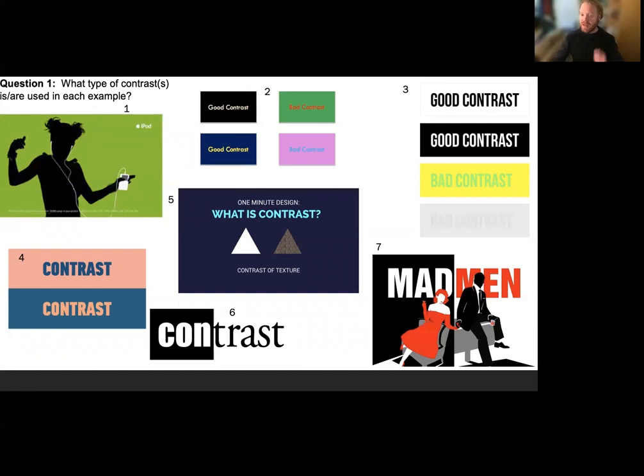For example, in image 2, are we contrasting shapes, typefaces, colors? How are we using contrast? Go ahead and pause the video and take 5 or 10 minutes to complete question 1 on your worksheet in Canvas.